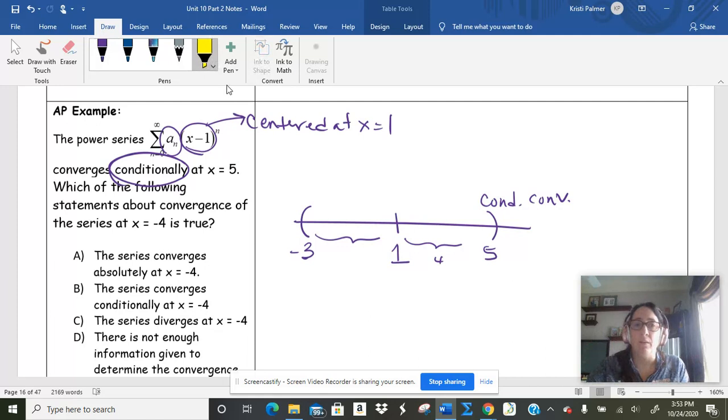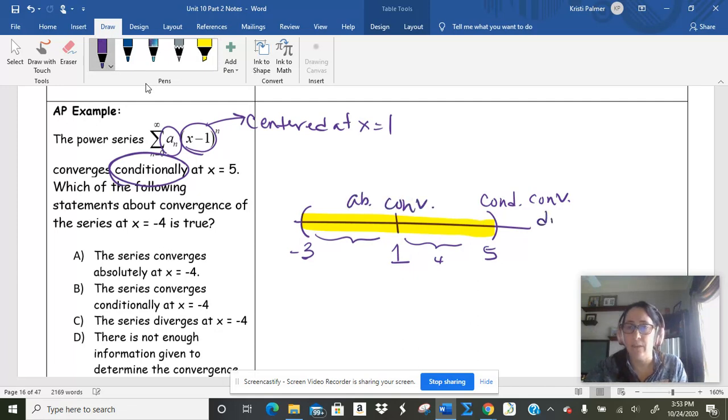So if I know that that's an endpoint, everything in here has to be absolutely convergent. Everything on the outside is divergent. And then I have no idea still from the information they have given me what happens at the other endpoint. That other endpoint can do anything.